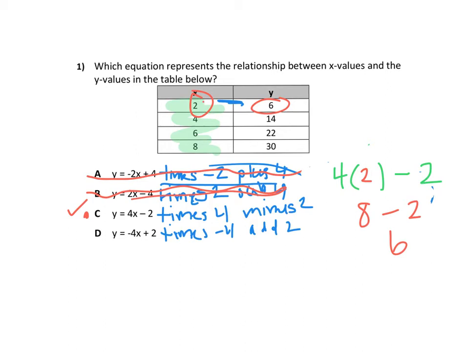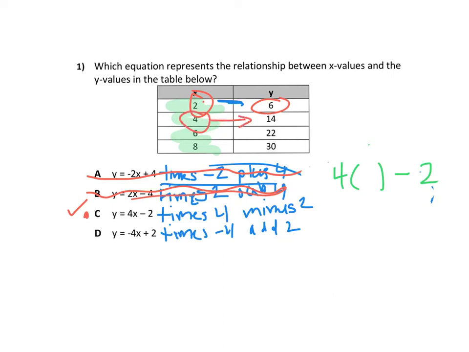So you have a couple options here to see if it works next. You can continue to plug in a number. So I can put another number in and see if it gives me what I need. Or I can move to the next rule. So for example, what I mean by that is, okay, I know that 2 works here. Let's move down the table and see what we get when we plug in 4, because that's my next x value. So if I move down the table and I look, oh look, there's the next x value.